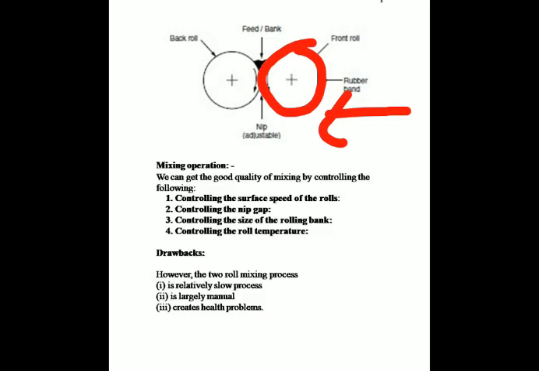The energy for melting and softening of the polymer comes from two sources. One is thermal conduction from the hot rolls, and the other is heat energy developed by shearing of the material in the roll nip.